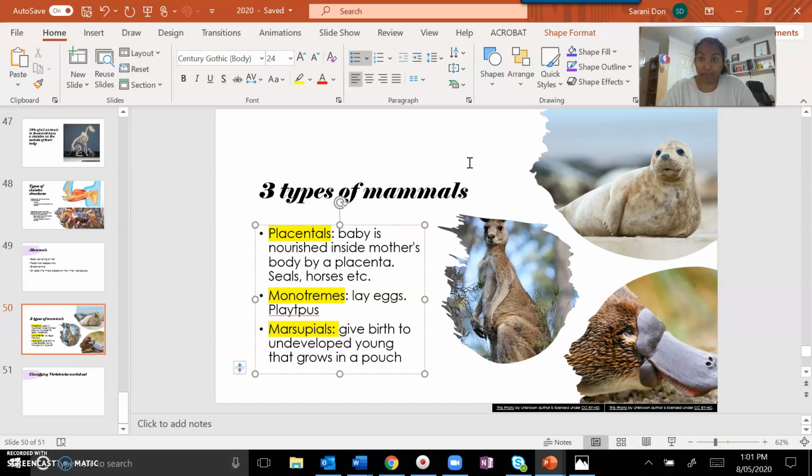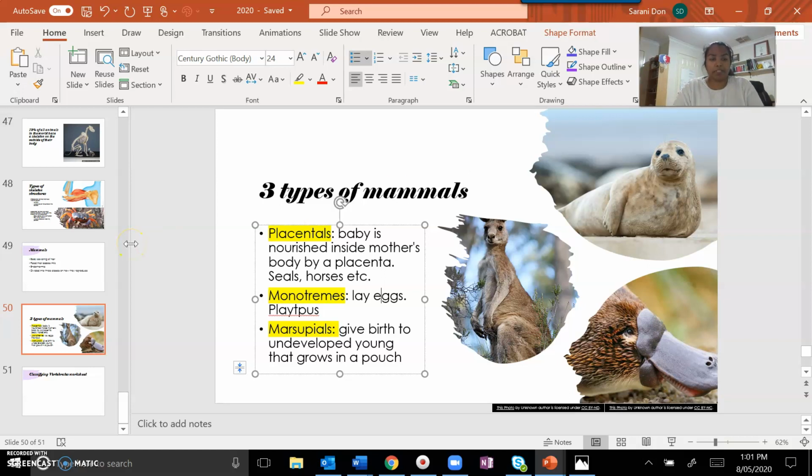Marsupials, as hopefully you've heard, include kangaroos. They give birth to underdeveloped young that grow in a pouch. They don't lay eggs. The baby kangaroo grows in the pouch using the mum's milk and eventually comes out when it's ready.